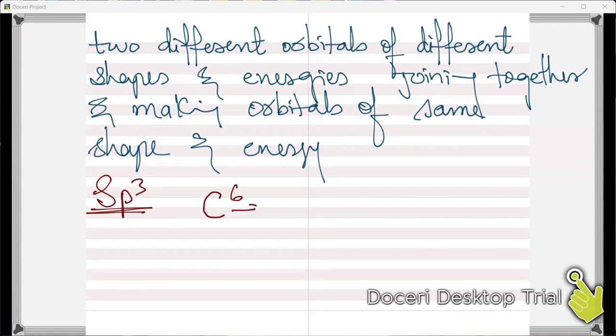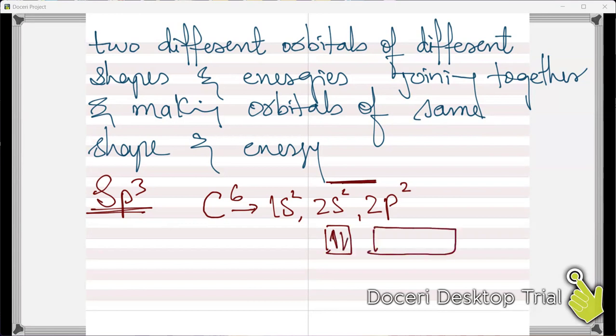So it has six. So the configuration is 1s2, 2s2, and 2p2. We are talking about the second shell. In the second shell, the s orbital has two electrons, and the p orbital means px, py, and pz. So with two electrons, first we fill px, then we fill py.